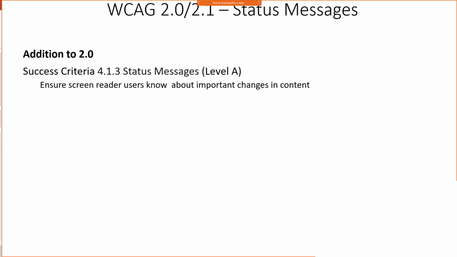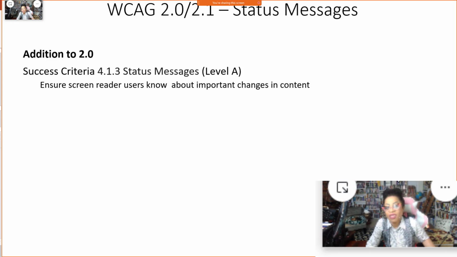This success criterion is to make sure that users are aware of important changes in the content, and specifically in content that is not given focus, and to do so in a way that doesn't unnecessarily interrupt their work.